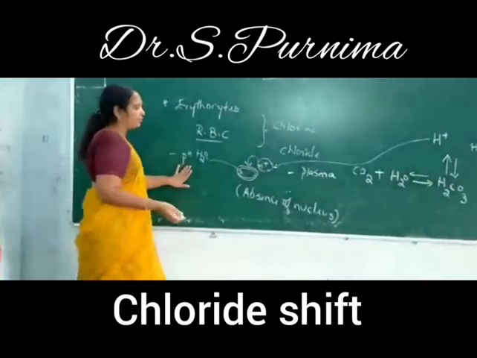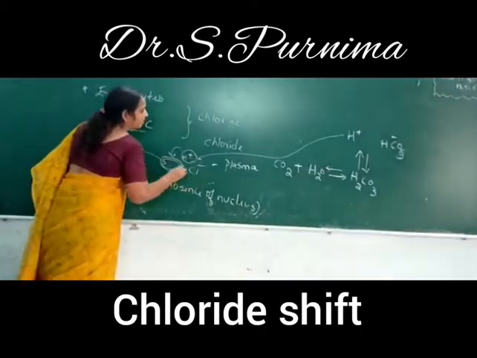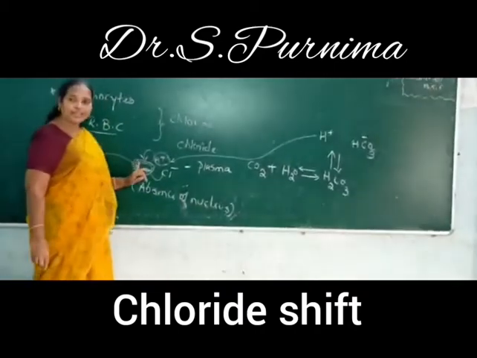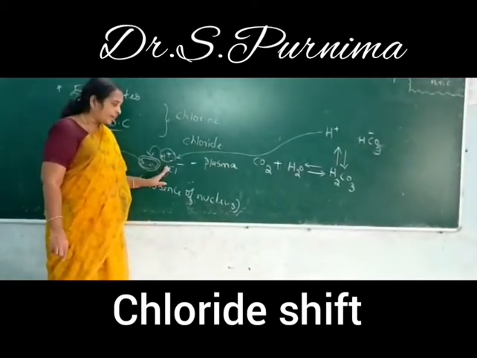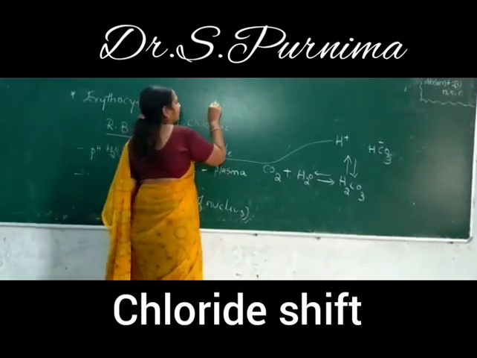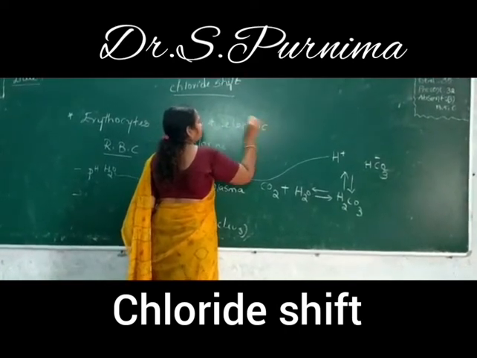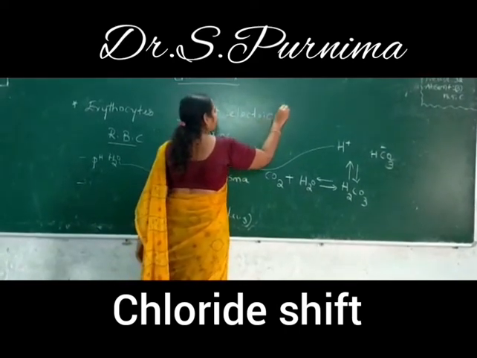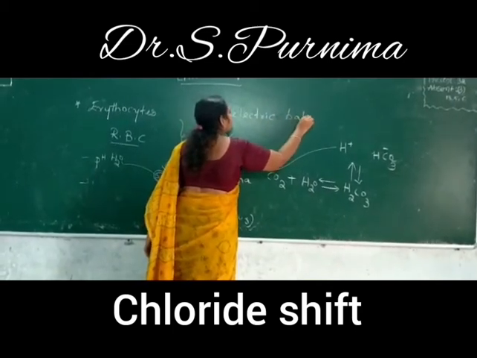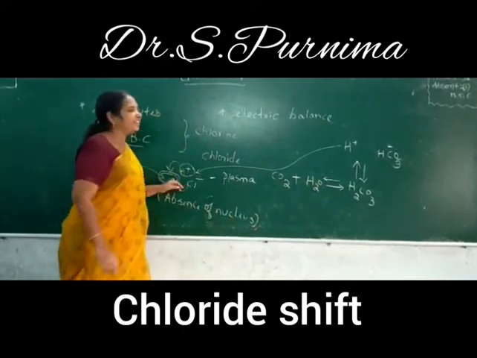To cancel off that effect, you have the chloride ions which are there in the plasma, and these chloride ions tend to enter in. Why? In order to maintain the electrical balance, you have the tendency of chloride ions entering in.